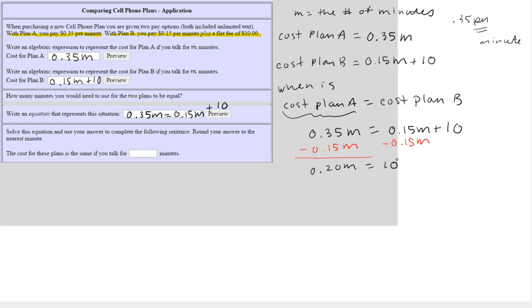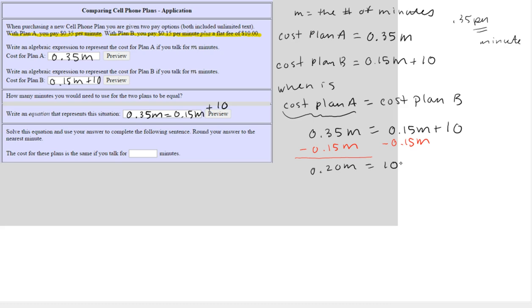As we're solving this equation, some things are coming to light. Notice that the cost of Plan A was 20 cents more a minute than the cost of Plan B, and that's what this 20 represents. And we want to see, when does that extra 20 cents per minute equal $10? So the idea behind this equation is rolling out as we solve.